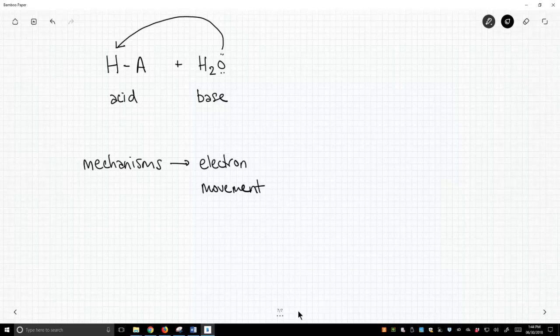It makes 1 bond. So what we're showing with this arrow is that this lone pair is going to go from being a lone pair to a bonding pair. And it is going to form a new OH bond.